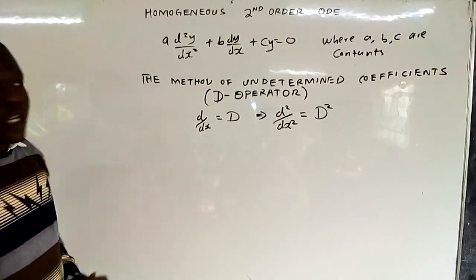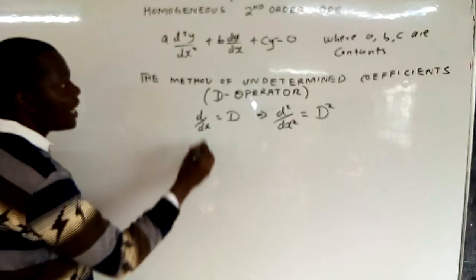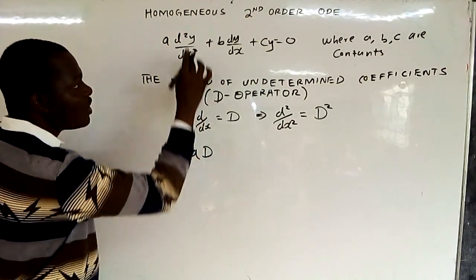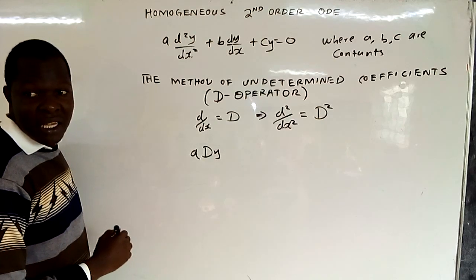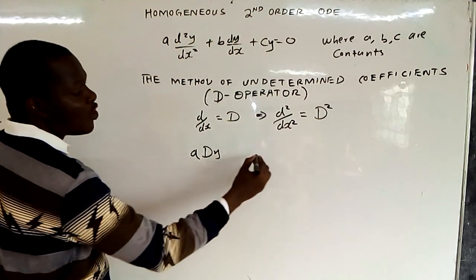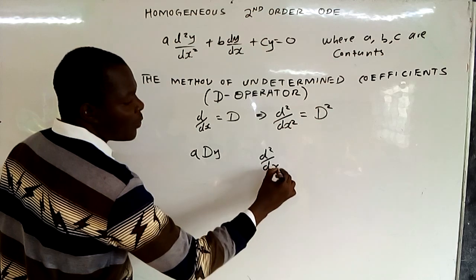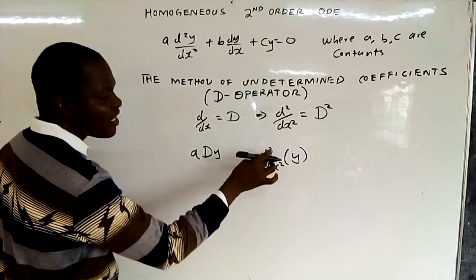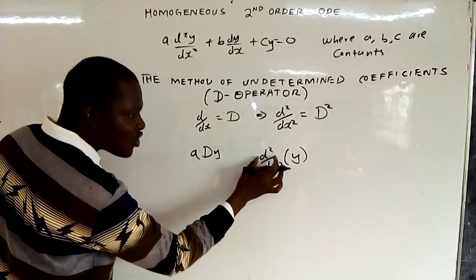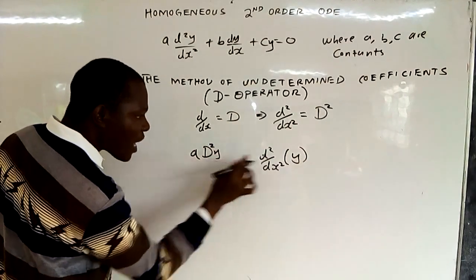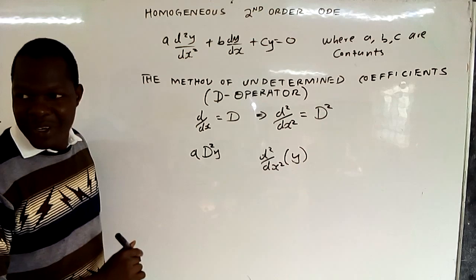So from there, d squared over dx squared is D squared of y, meaning you are differentiating y with respect to x twice, so it is D squared y.